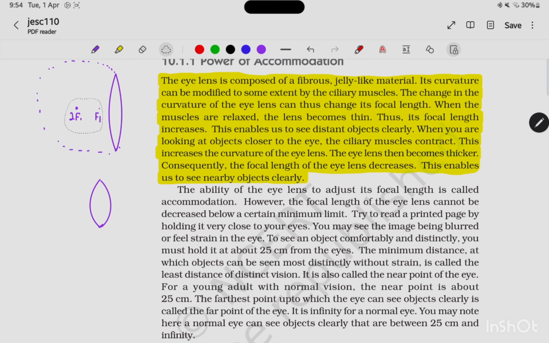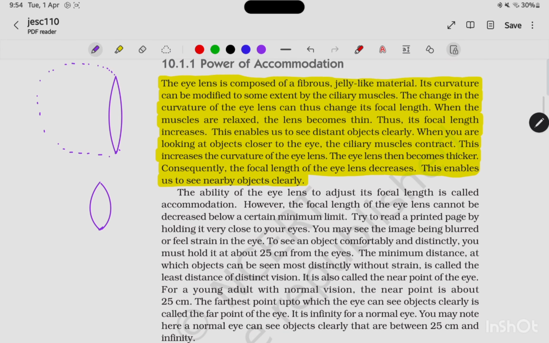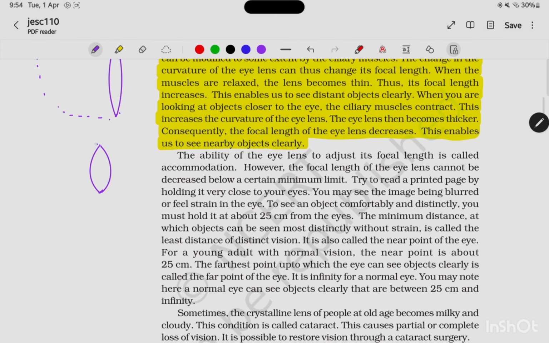Now my diagram is completely wrong. But if the curvature is increased, check that the circle that the lens is a part of will also be small.